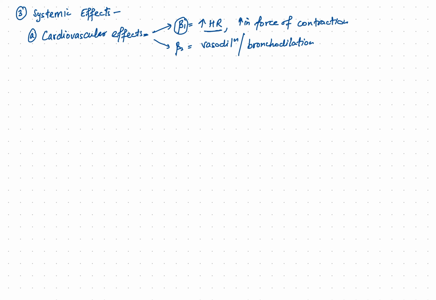Third point is it will cause alpha 1 stimulation, which will cause vasoconstriction. At high doses, it will cause vasoconstriction also, and that will cause increase in diastolic BP.